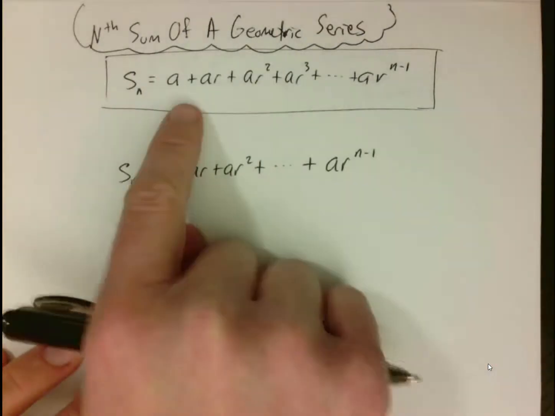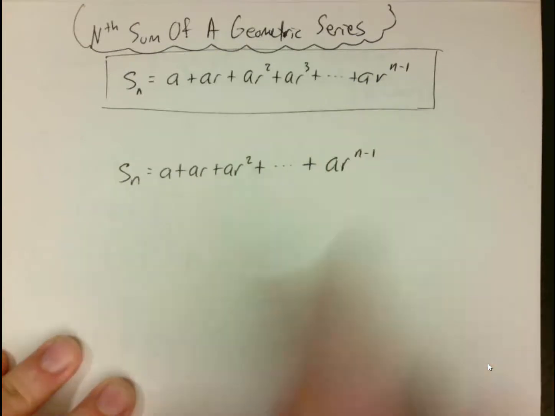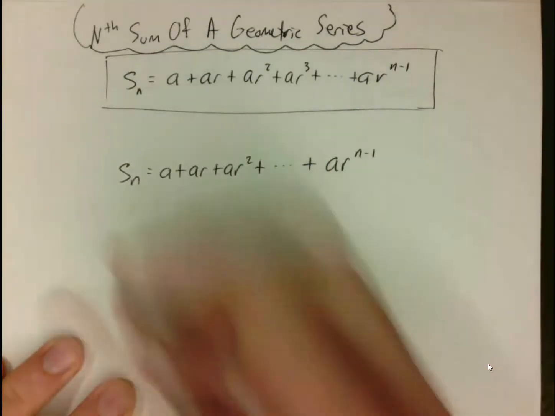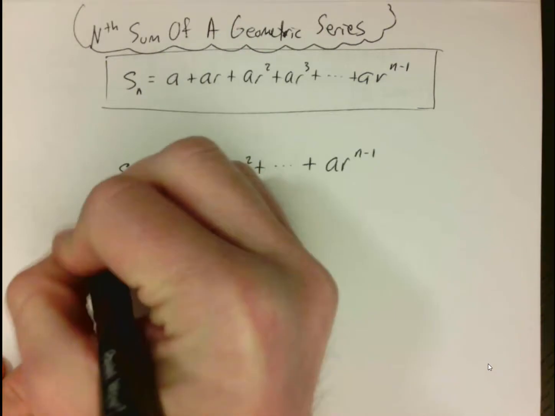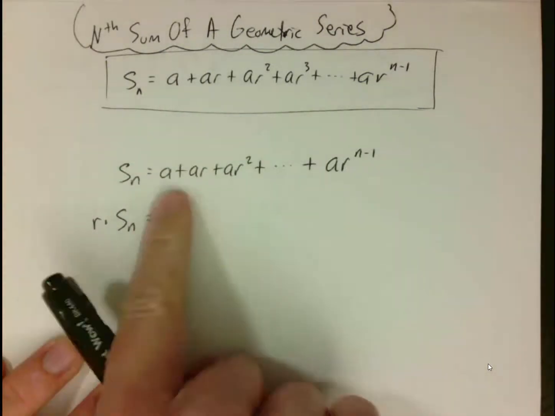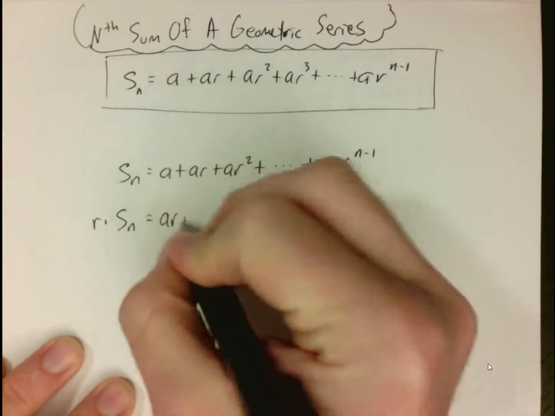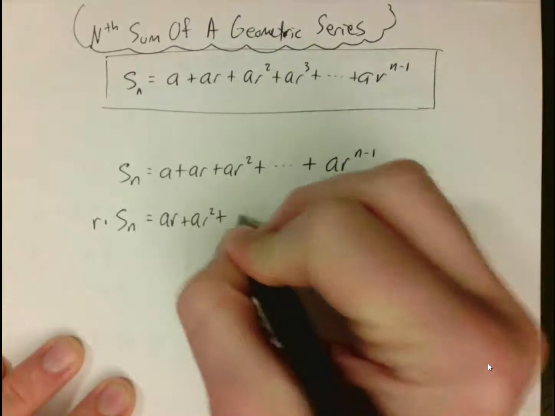So if I wanted to derive an equation for what this summation is equal to, the way we did it was we started by writing the sum, then we write the sum again, only we're going to multiply both sides by r. So if I multiply the right-hand side by r, that's the same thing as if I multiply each individual term by r.